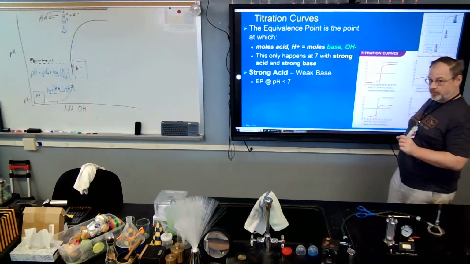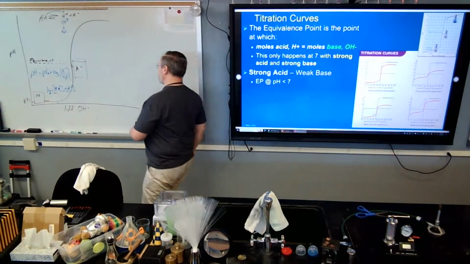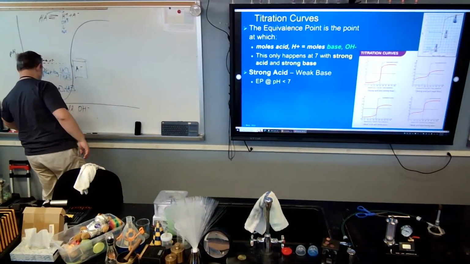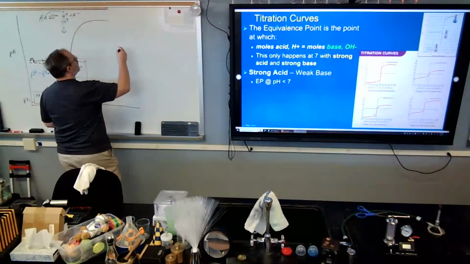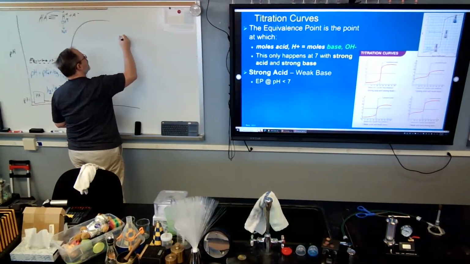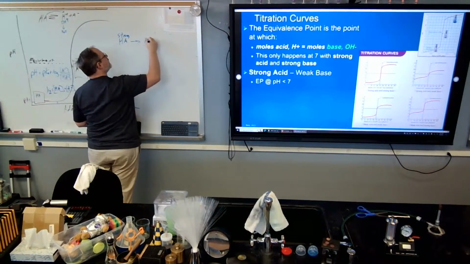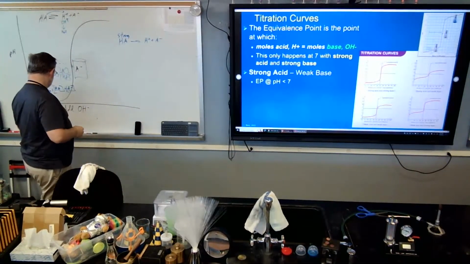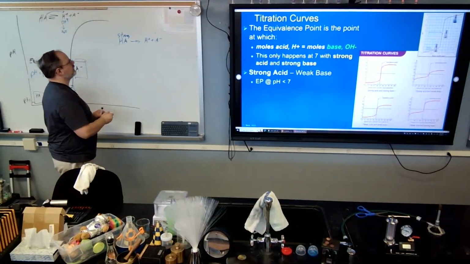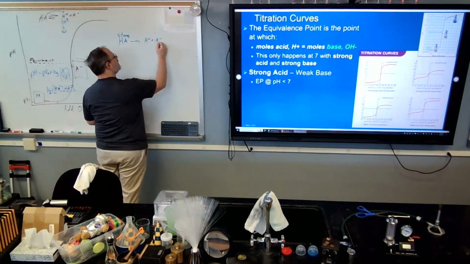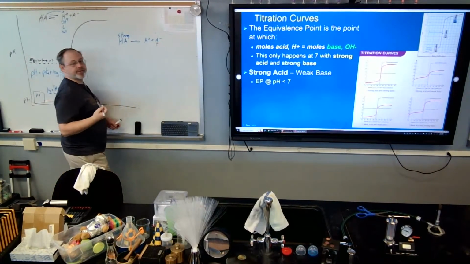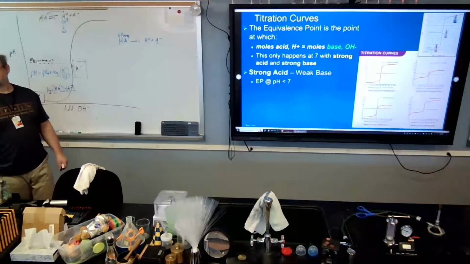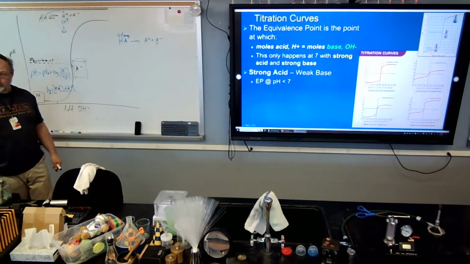Well, keep in mind, this is really important, when HA is a strong acid, all of this becomes H plus A minus. What is the acidity or basicity of the A minus? Is it acidic, basic, or neutral?